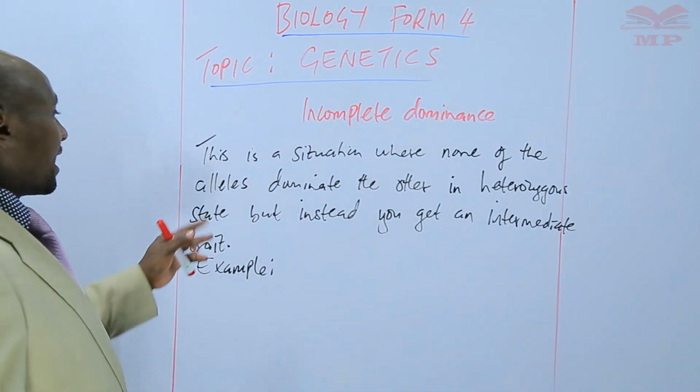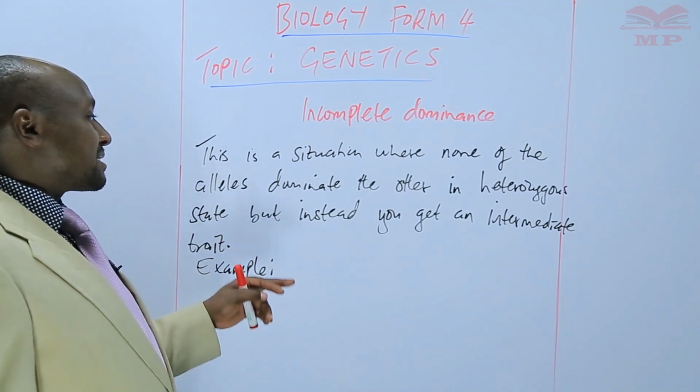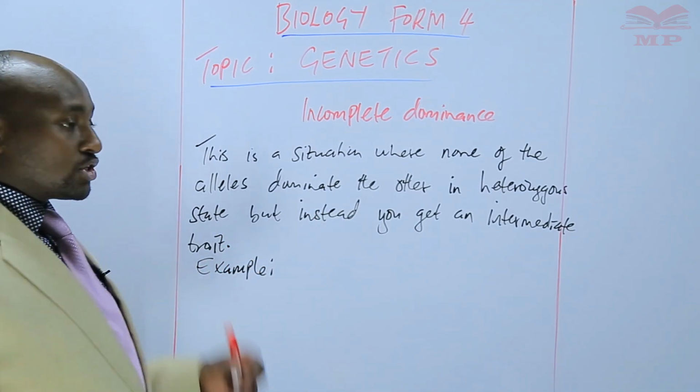So we are saying that none of the alleles dominates the other in heterozygous state, but instead you get an intermediate trait.